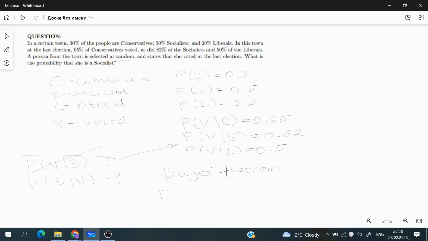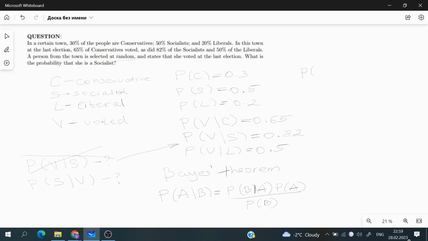And now, in order to solve this problem, we need to use Bayes theorem, which states that the probability of A given B equals the probability of B given A times the probability of A divided by the probability of B. So how can we use this in our problem?